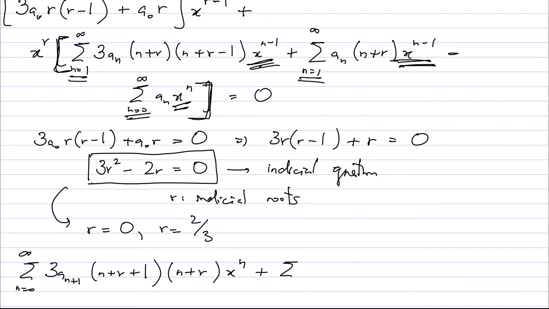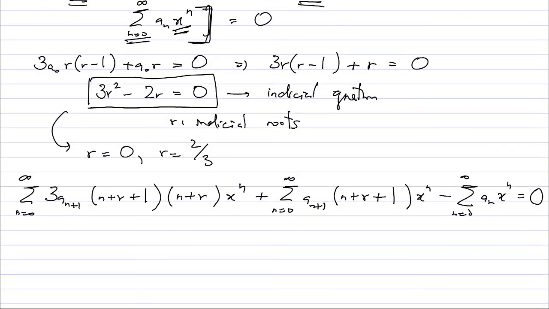Do exactly the same game over here: you have a_(n plus 1)(n plus r plus 1) x raised to power n, and then you have minus n is equal to 0 to infinity a_n x raised to power n, and this whole thing has to be equal to 0.